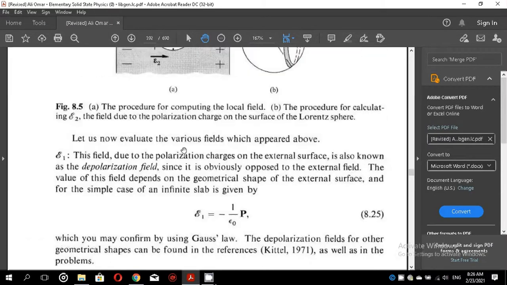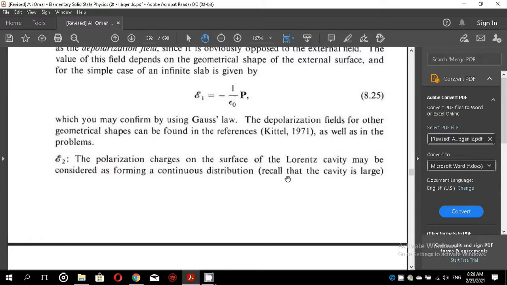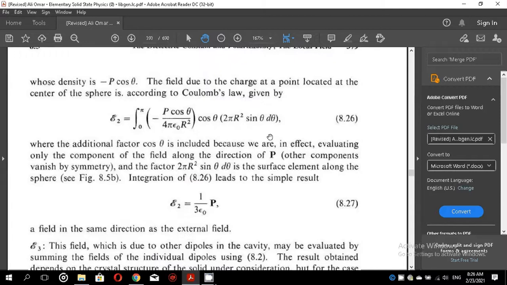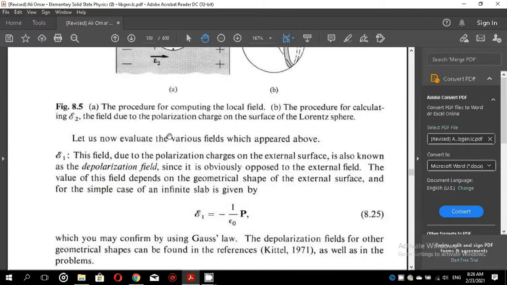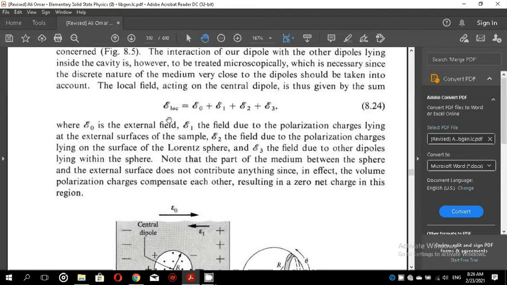So let us now evaluate the various fields, and these are the expressions 8.25, equations 8.26, equation 8.27, which give us expressions for the various types of fields, and the total field, the local field, is defined by equation 8.24 as the sum of all these fields as I explained before.